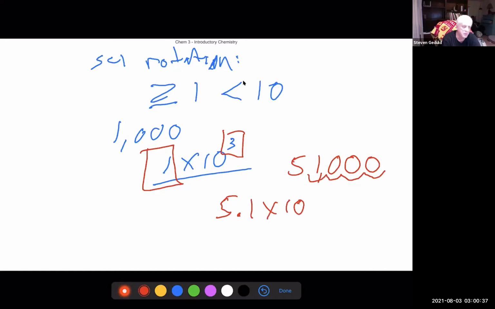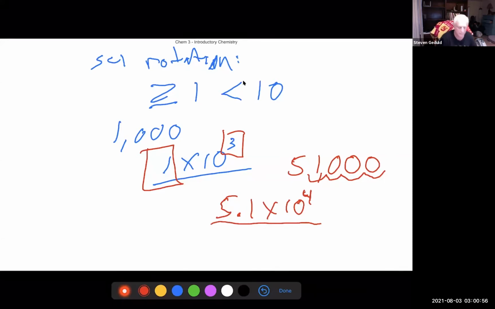You made that number smaller, right? 51,000 is a lot larger than 5.1. So you've got to make the exponent bigger. It increases by 4. So the scientific notation number is 5.1 times 10 to the 4.